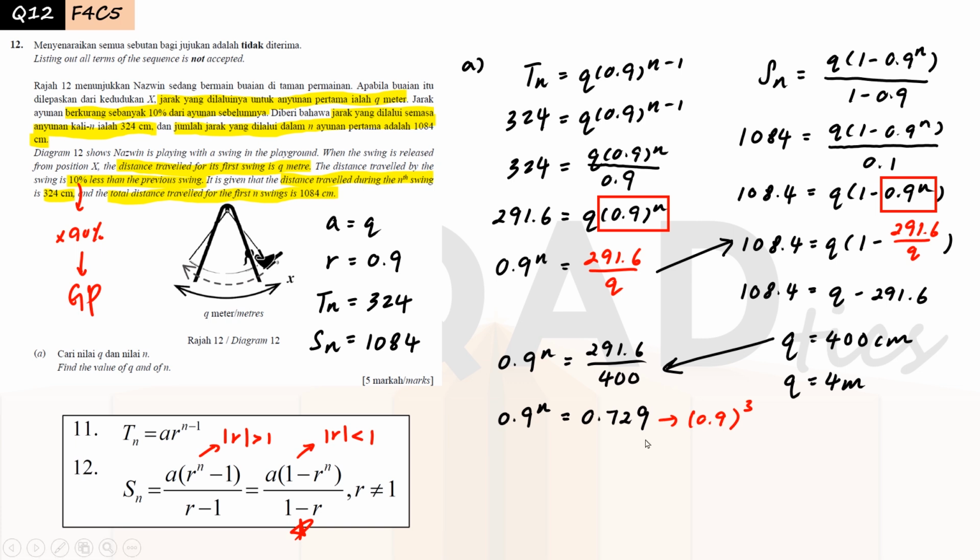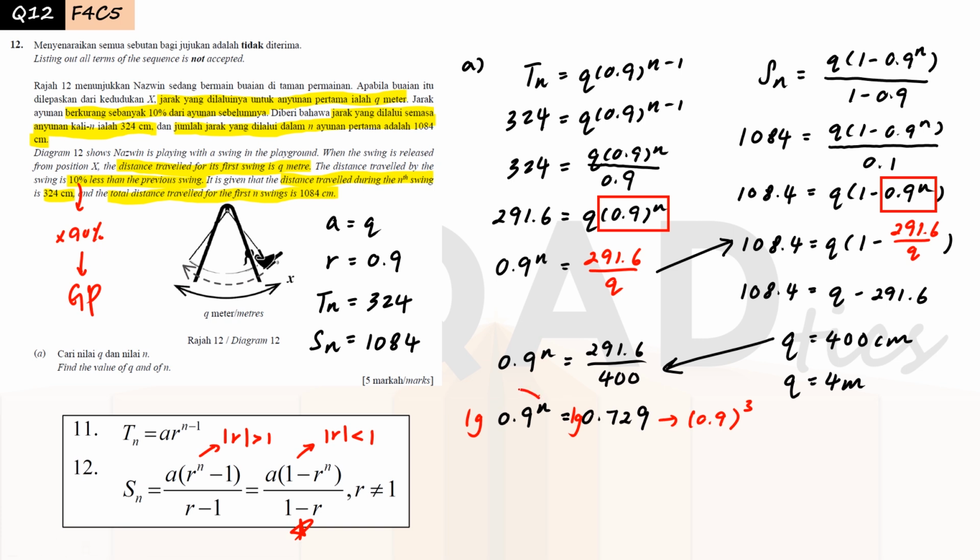Okay, so what we can do is we compare the powers. So here, n would be 3. Okay, so if you can't really think of this, there's another way, which is to apply log for both sides. Okay, this is also another way.